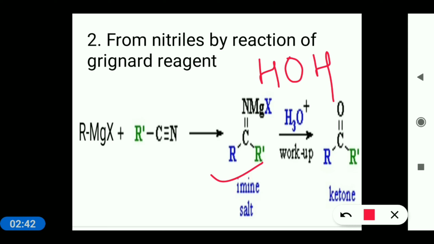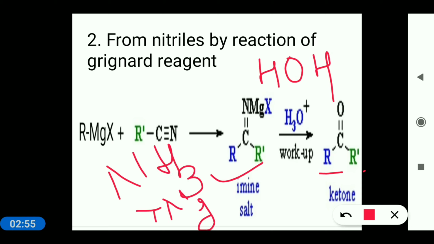Due to this, there is a formation of RCOR, ketone, along with the release of ammonia, NH3, and a byproduct MgOH and X. So these two are the byproducts, and this product will be obtained.